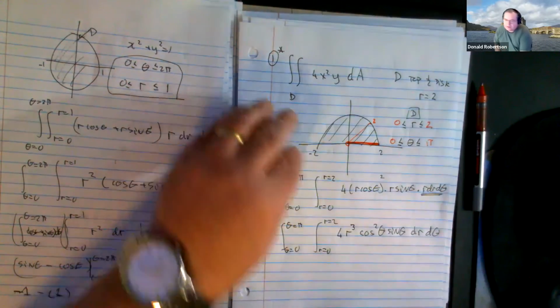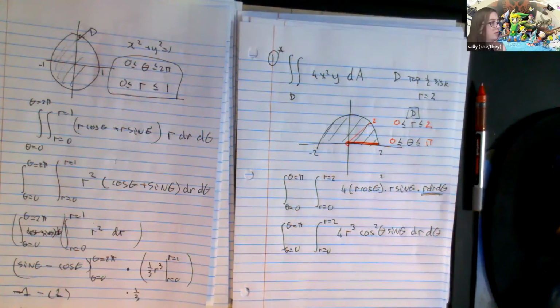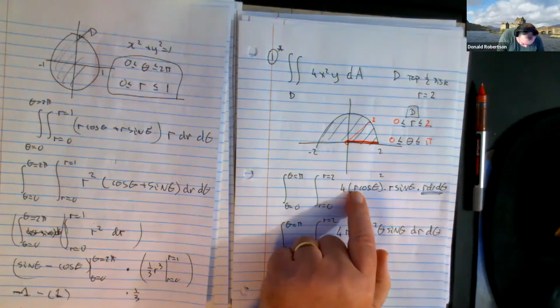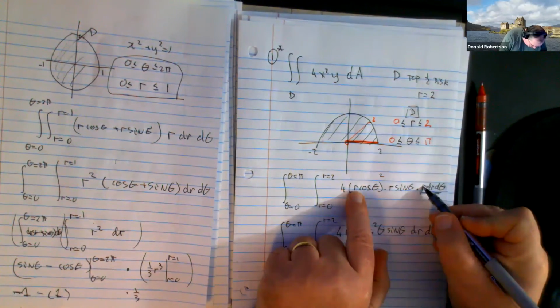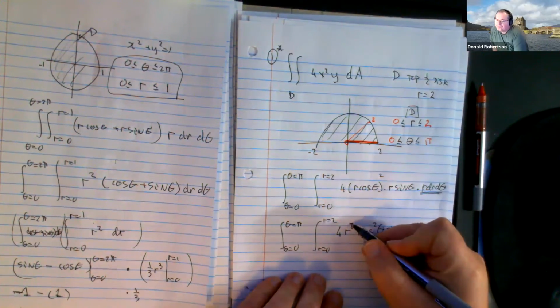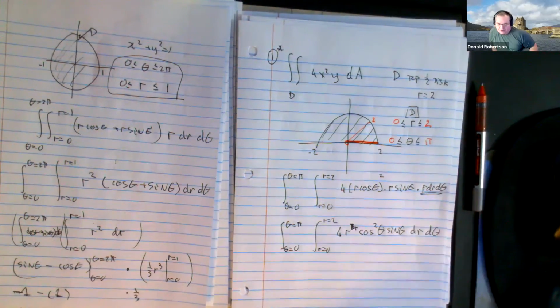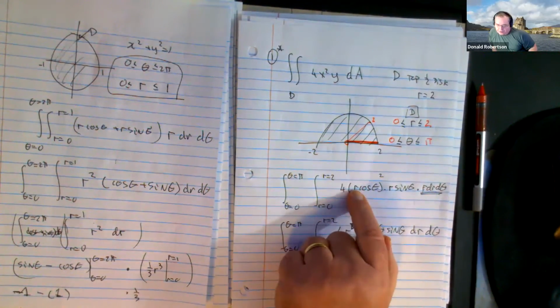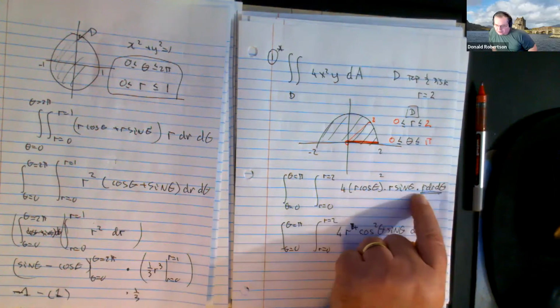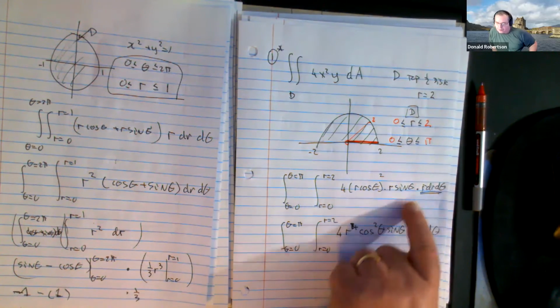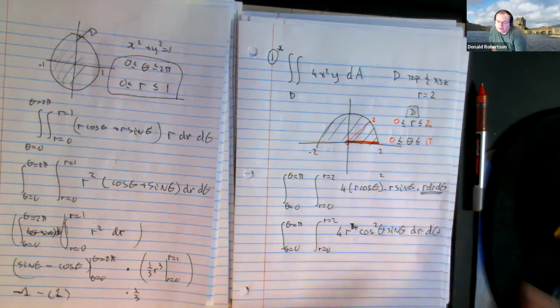Does that look good? Why would it be r cubed? There's an r squared here and one more here. Oh, it's r to the 4. This would get you r squared, this is another r, so it's r cubed, and this r here gets you the fourth one. So 4r to the 4. Does that look good?